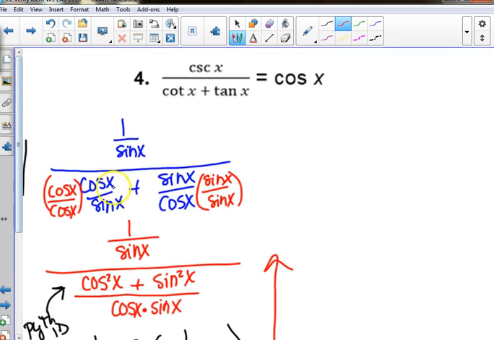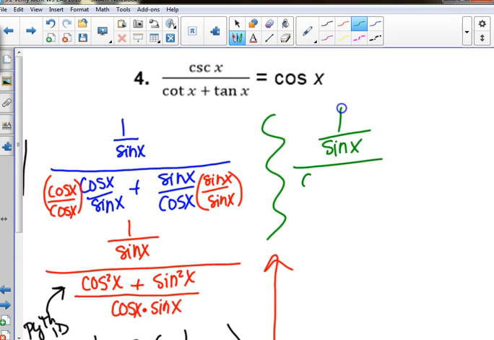I'm going to go back here for just a second. Can I just show you something that we do all the time when we get into higher math? Okay, what is the common denominator for this whole problem right now? Sine times cosine, right? Would be the common denominator, okay?